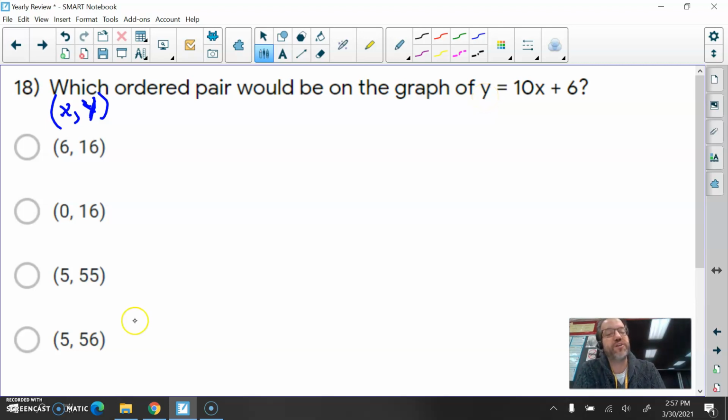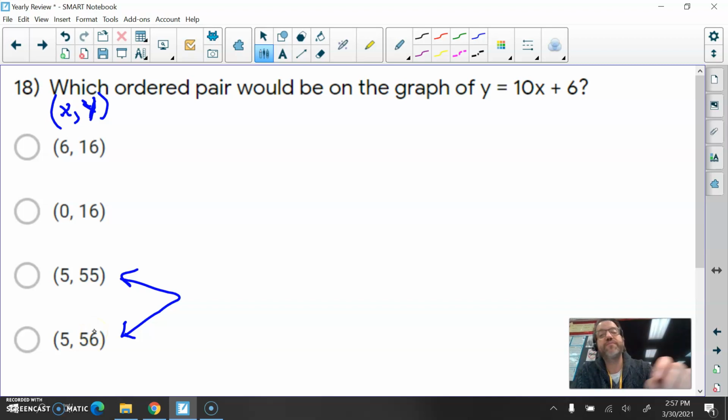I'm actually going to start at the bottom here because I'm noticing both of these have an x value of 5. That makes me kind of suspicious if one of those might be the correct answer. Would the y value end up being 55 or would it end up being 56?